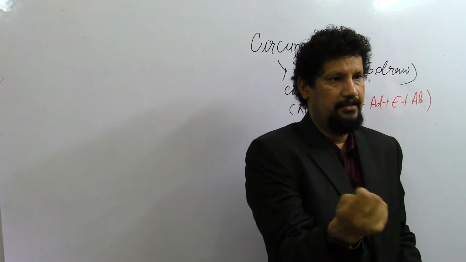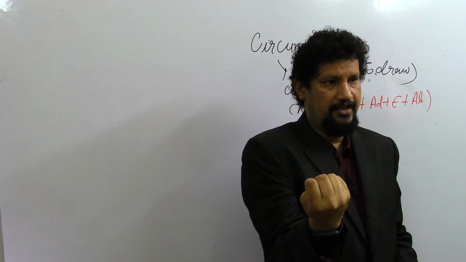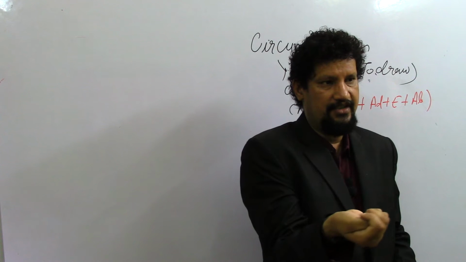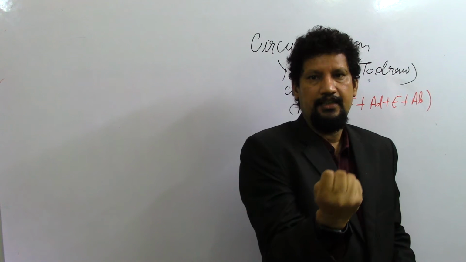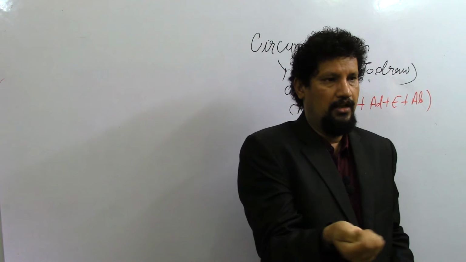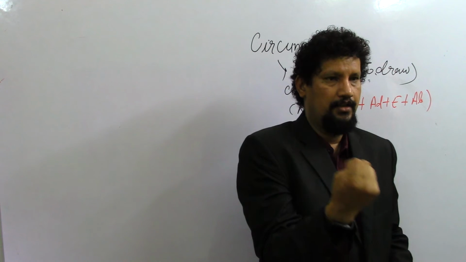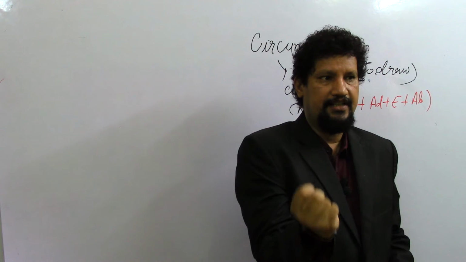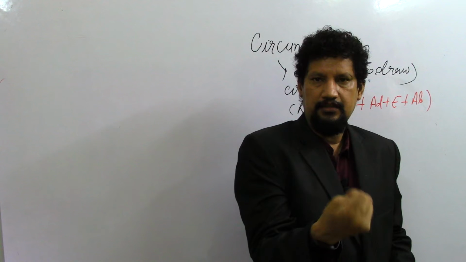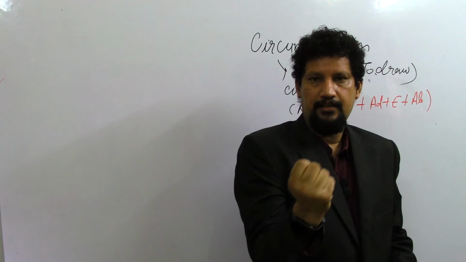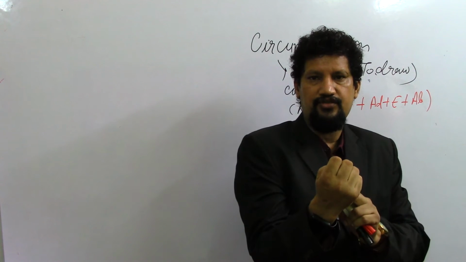Here is the abduction, extension, adduction and flexion. So this movement is known as circumduction, taking place on multi-axial joints like ankle, hip joint, shoulder joint, wrist joint and first carpo-metacarpal joint.